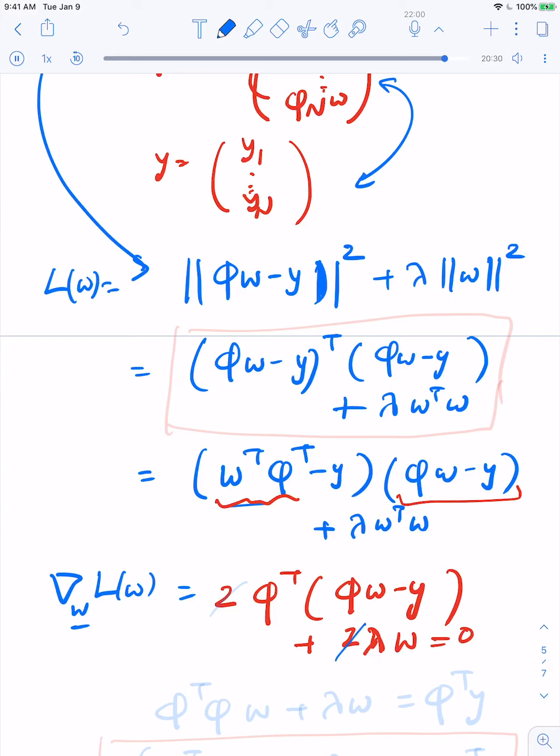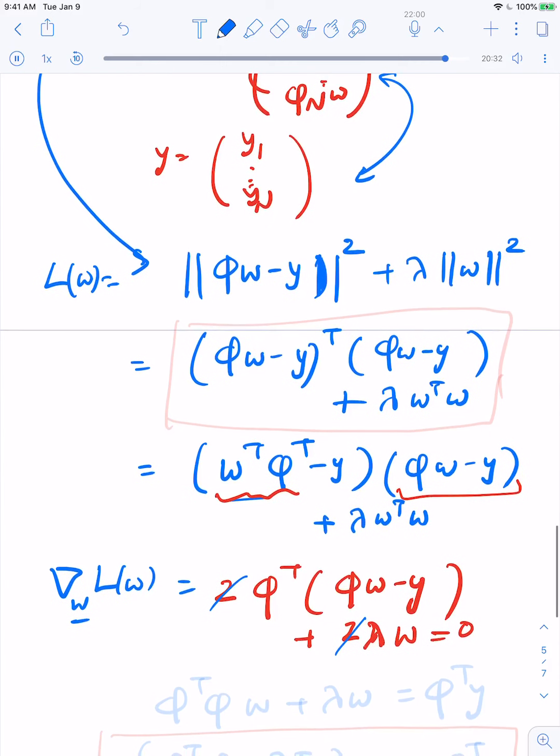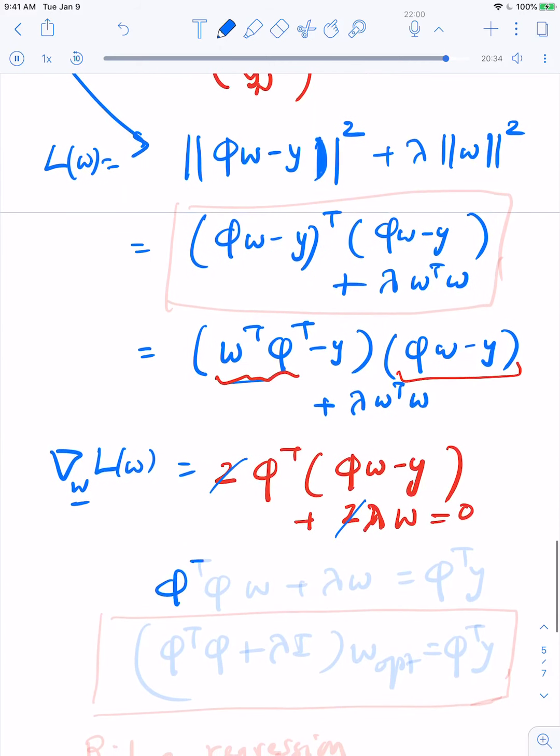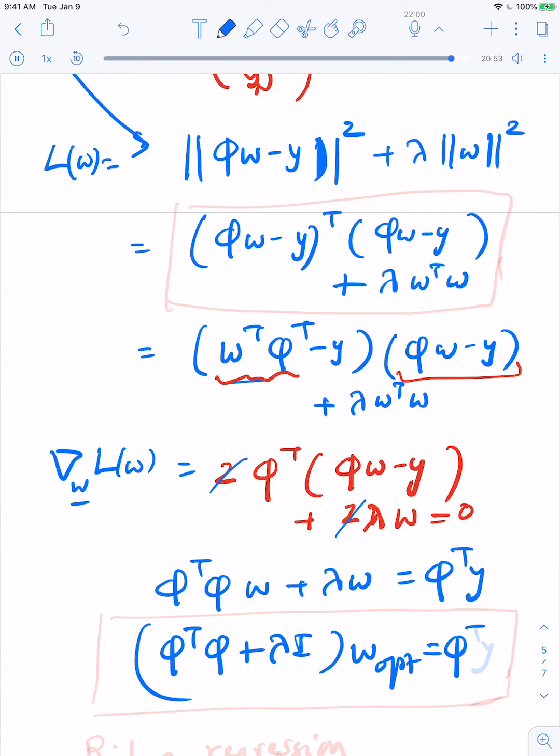The 2's cancel out, and I get phi transpose phi W plus lambda W, and taking the y term over to the other side, equal to phi transpose y, which is exactly the same thing we had. Phi transpose phi plus lambda I times W opt equals phi transpose y.